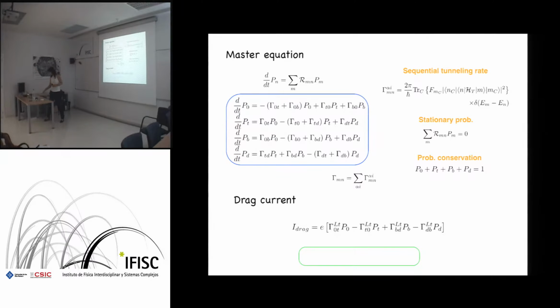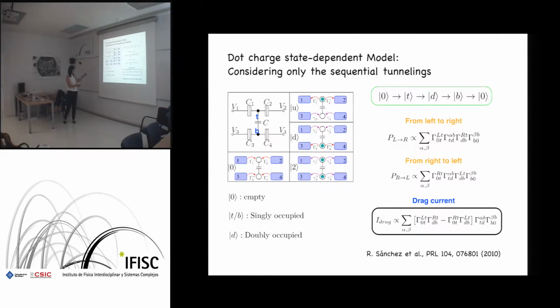The important thing is that we can analyze this drag current and see that if we go from left to right, we need to pass through all these steps, and from right to left, we need to pass through all the steps, which are just transition jumps from one lead to one dot, etc. If we compare both, we realize that in order to have a non-zero drag current, we need to have some asymmetry between left and right.